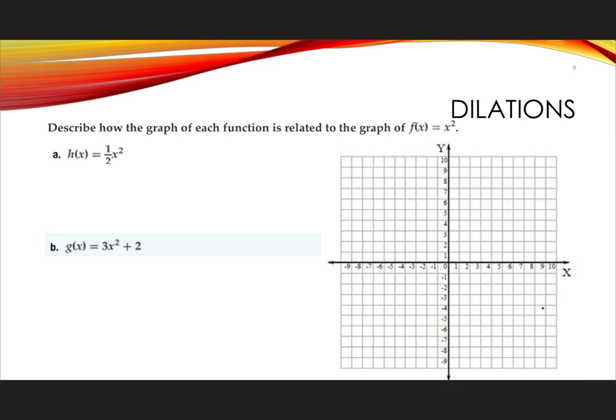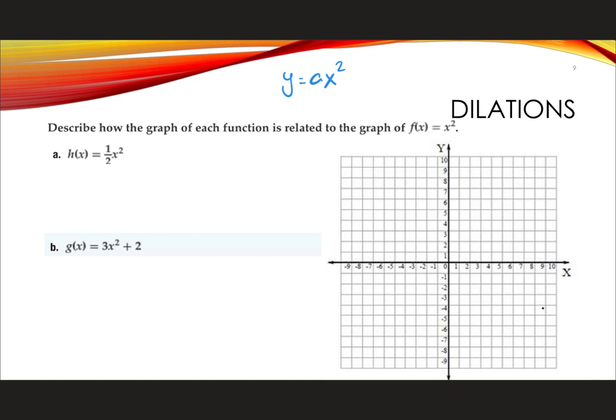All right, now when we do dilations, this is a vertical transformation, so we're applying it to the y's again. But how are we applying it? Well, let's look. We have y is equal to a times x squared. So whenever we apply a to the y coordinates, we're going to multiply. So here we go with our parent function.